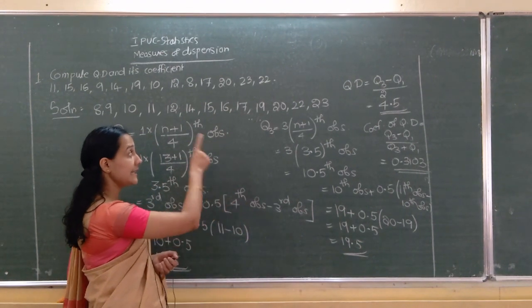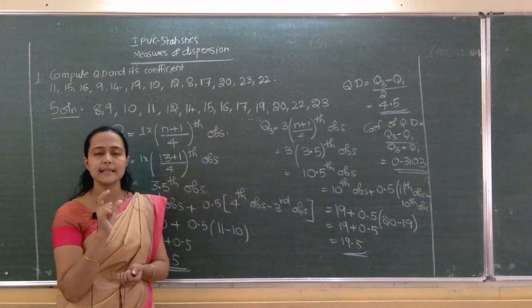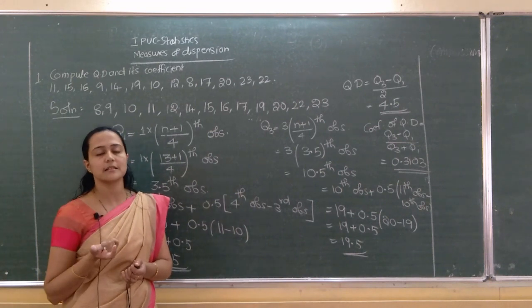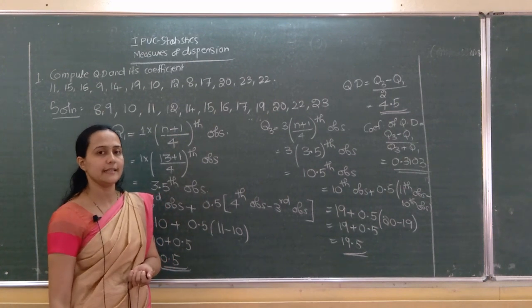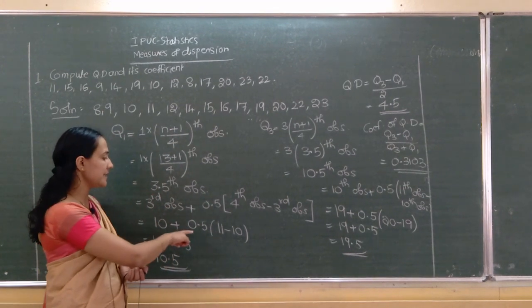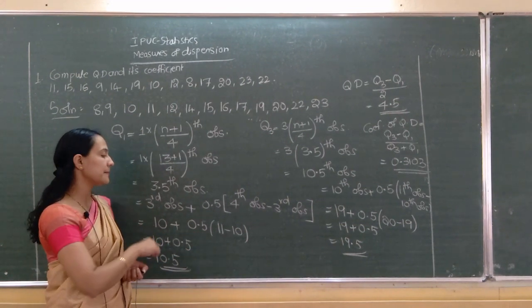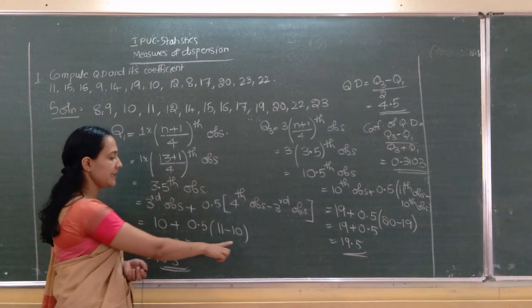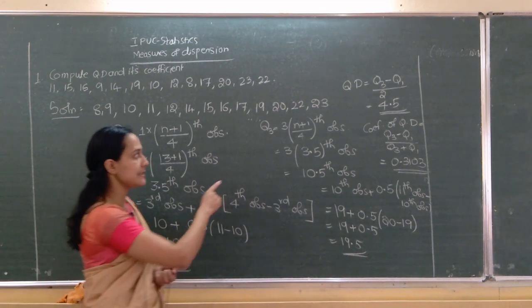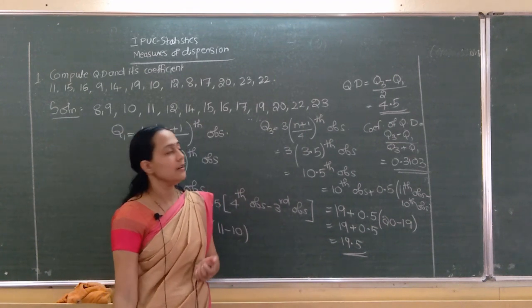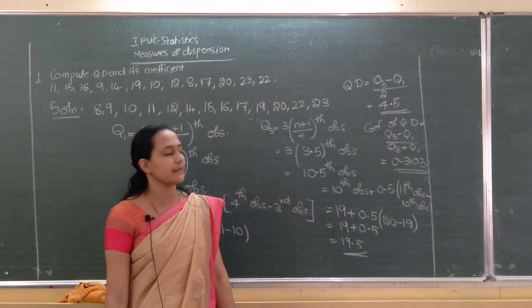These all we are telling in the arranged series. In the arranged series, where the third observation comes, which one is the fourth observation, that we are telling here. Then 10 plus 0.5 into (11 minus 10), that is 10 plus 0.5, so 10.5. Similarly, find Q3: 3 into (n plus 1) divided by 4th observation.